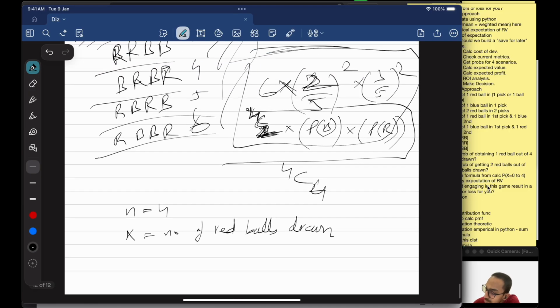So P of X equal to 0 can be something like 4C0 times probability of red, P of R, to the power of the number of reds, which is 0, times P of blue, which will automatically be what?